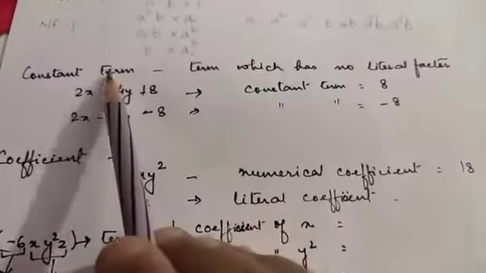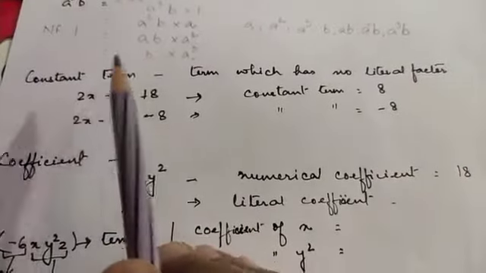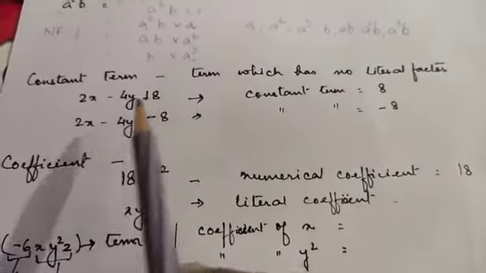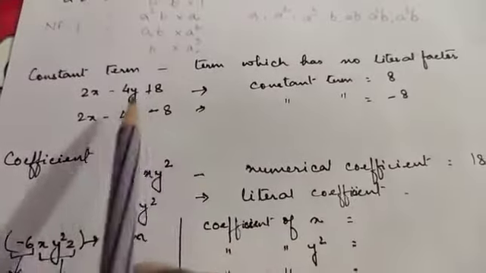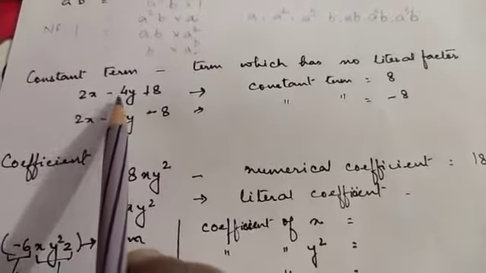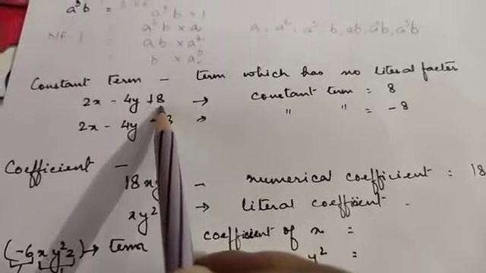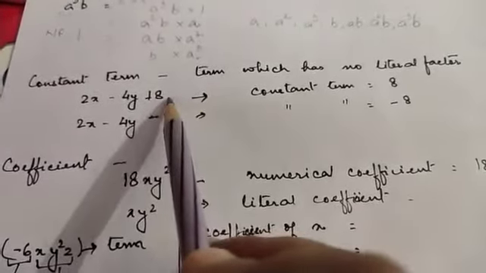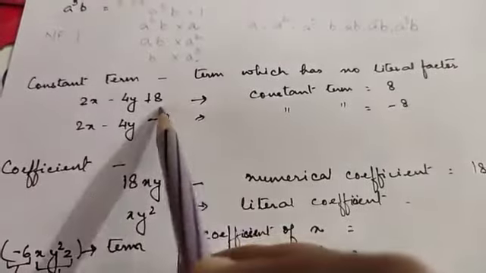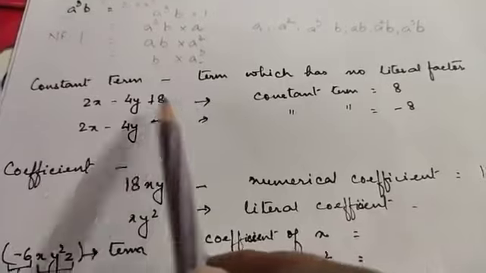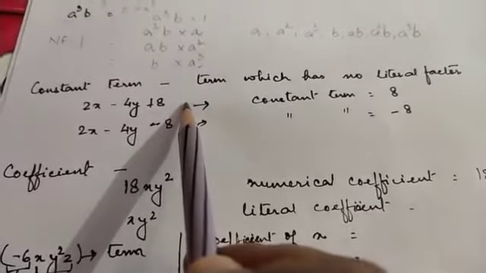Then coming to the constant term, the term that has no literal factor. Look at this expression, it is 2x minus 4y plus 8. The 8 over here has no literal factor, no x, y, z, a, b, c attached to it, right? No literal factor or no variable attached to it, you can say.